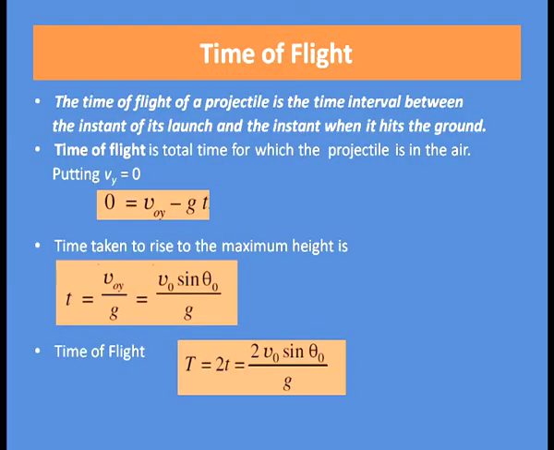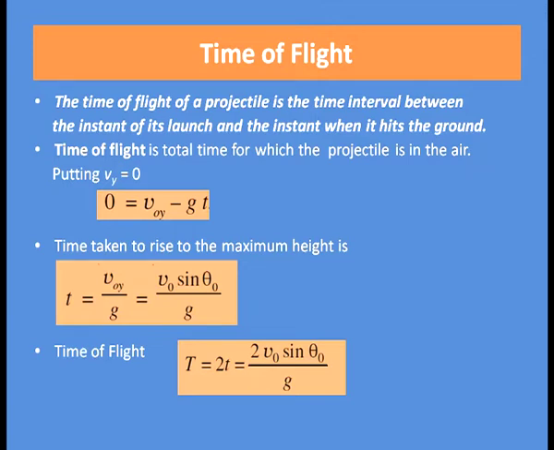Now, what is time of flight? The time of flight of a projectile is the time interval between the instant of its launch and the instant when it hits the ground. Alternatively, we can say time of flight is the total time for which the projectile is in the air. So, now putting v y equal to 0, 0 equal to v y minus g t.